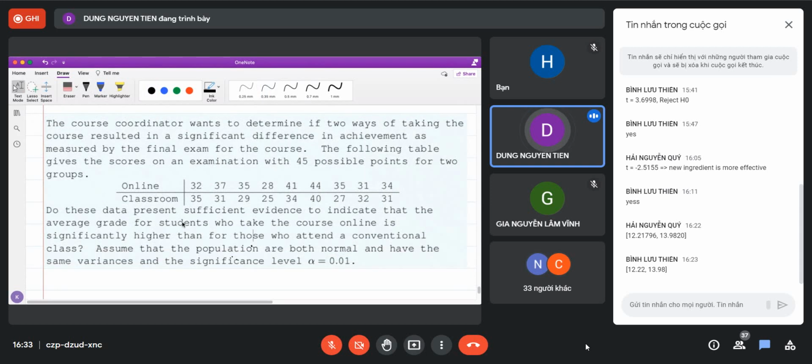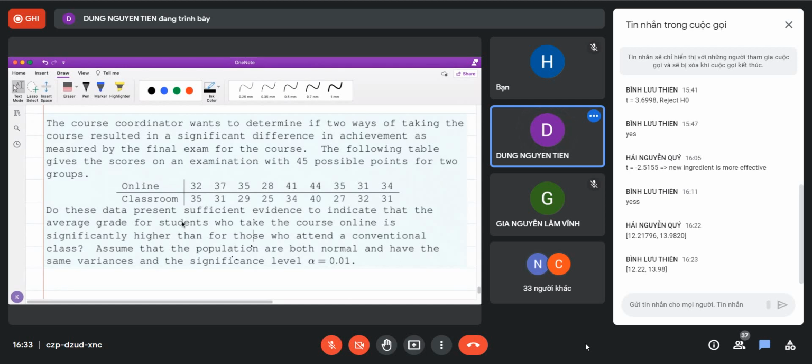The following table gives the scores on an examination with 45 possible points for two groups. Do the data present sufficient evidence to indicate that the average grade for students who take the course online is significantly higher than for those who attend a conventional class? Assume that the populations are both normal and have the same variances, and the significance level is 1%.